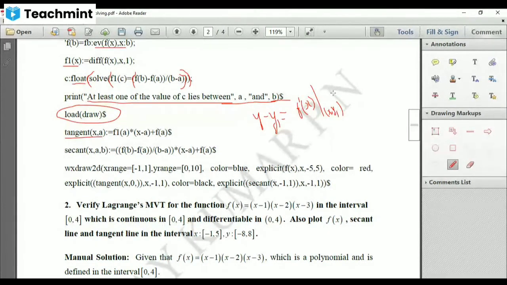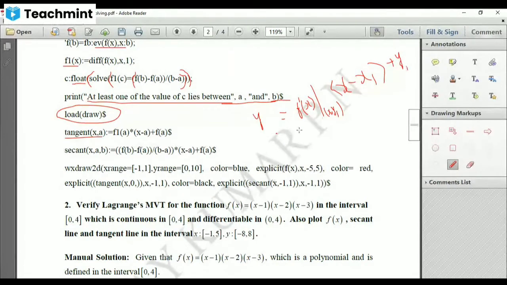Y minus y1 is equal to f dash of x into x minus x1. This gives you the equation of a tangent at the point x1 comma y1. Now, if you send this minus y1 to that side, that becomes, right? Then this minus will become plus and comes here, plus y1.